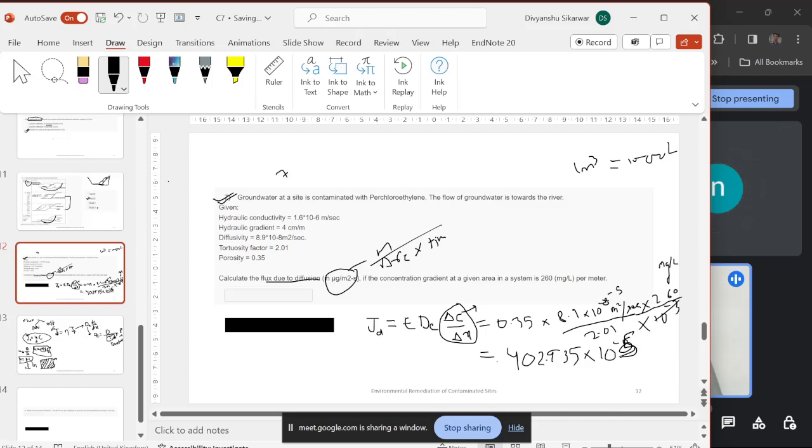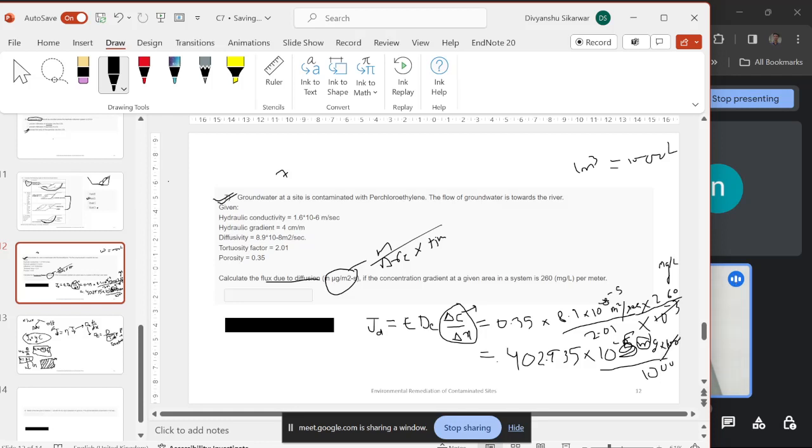Yes. Minus 5, but this value will be in milligrams. This milligram we have to convert it to microgram. So milligram to microgram again we have to 10 to the power minus 3 and 1000 multiply divide.